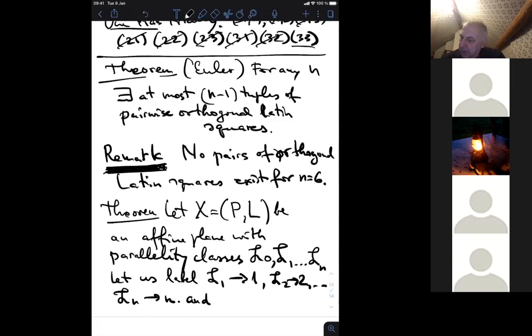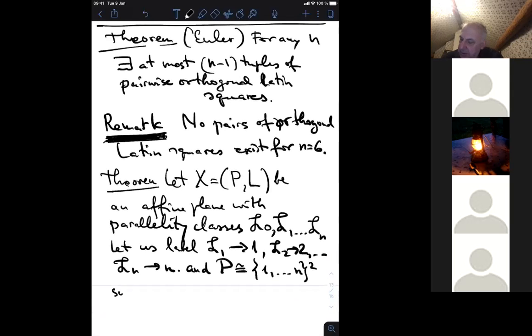And let us label. We know that P should contain n squared points, and we identify our points in P with pairs of numbers from 1 to n in the following way.